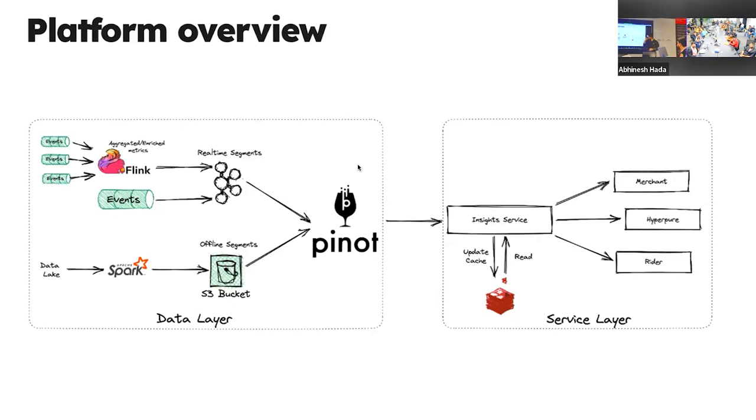Depending on the use case, we decide what kind of caching interval we want. In some cases we don't want caching at all, but for some cases we want 5-minute caching. For those, we cache the data in 5-minute chunks. On average, our cache hit rate is around 40 to 50% on the whole service architecture.